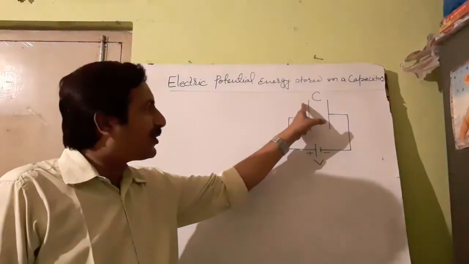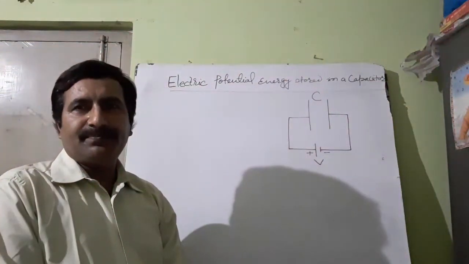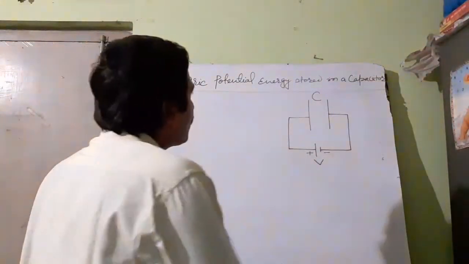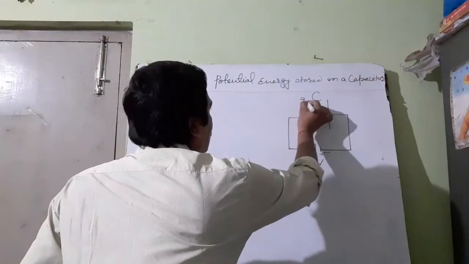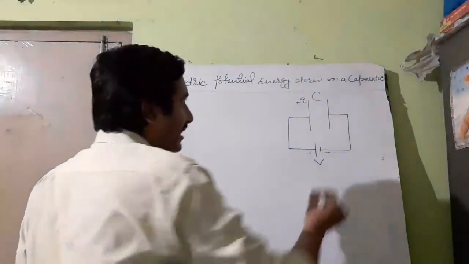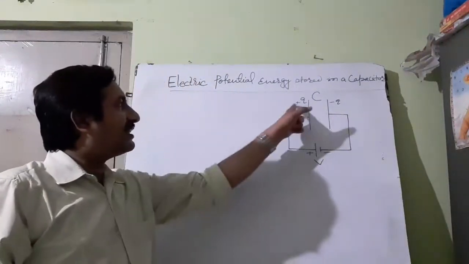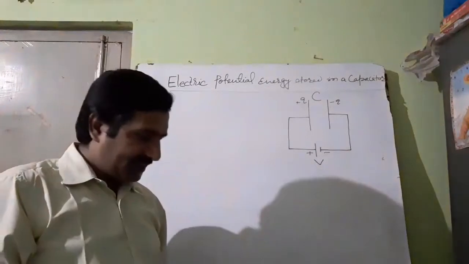So this becomes positively charged and this becomes negatively charged. Suppose Q is the charge at any instant of time: plus Q on this plate and minus Q on this plate.